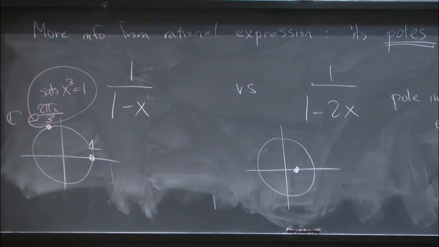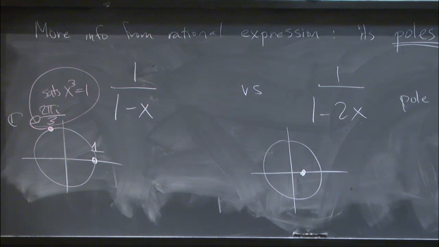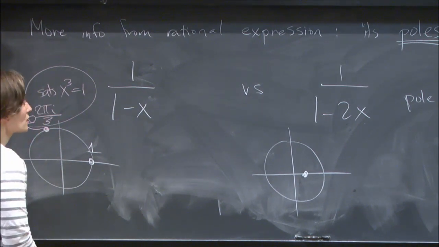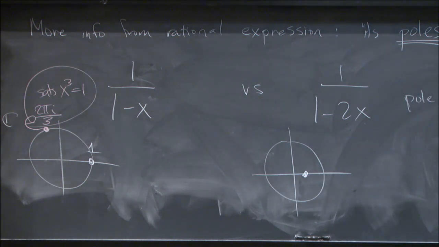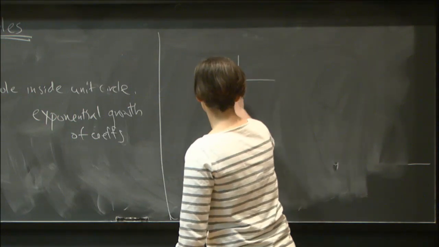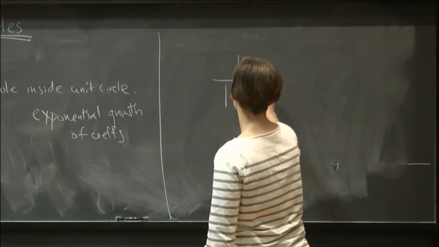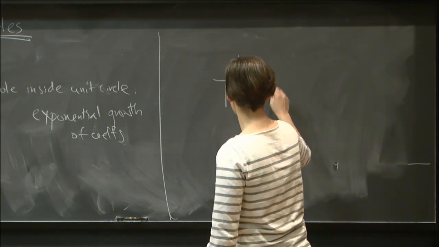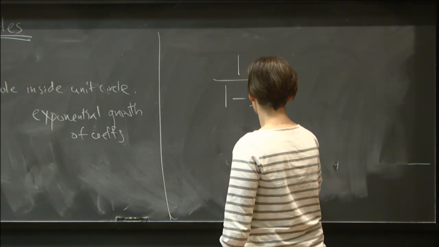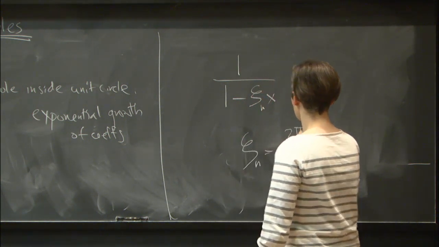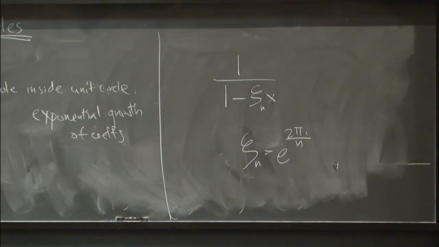With the last minute of this lecture, let's think about what happens if we have an expression with a pole at a root of unity. What if I have 1 over 1 minus zeta n x, where zeta n is e to the 2 pi i over n? What happens? Let's expand this geometrically.